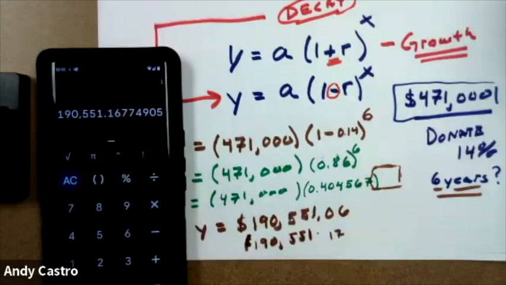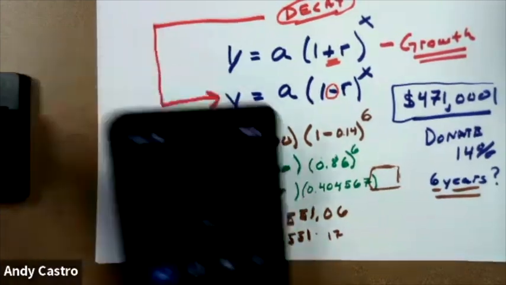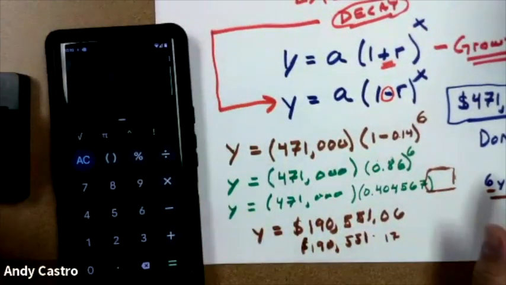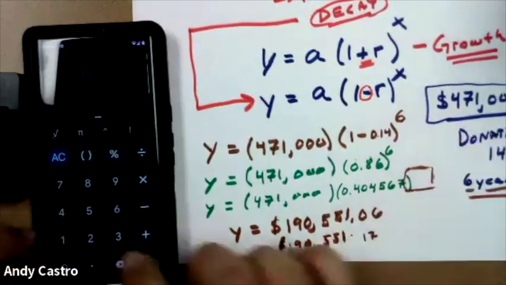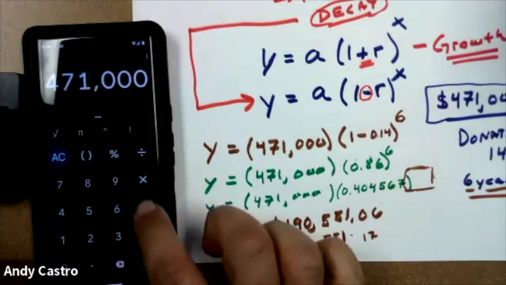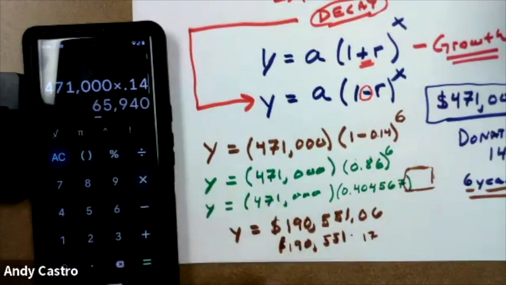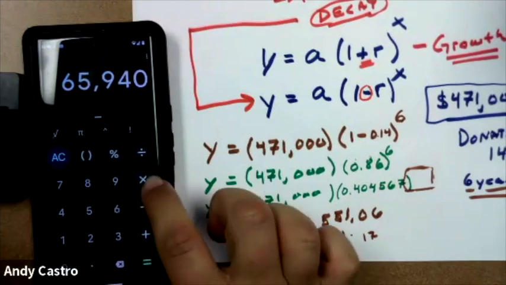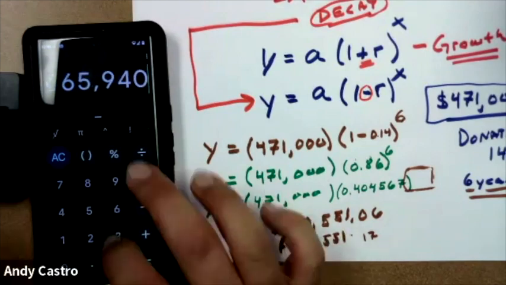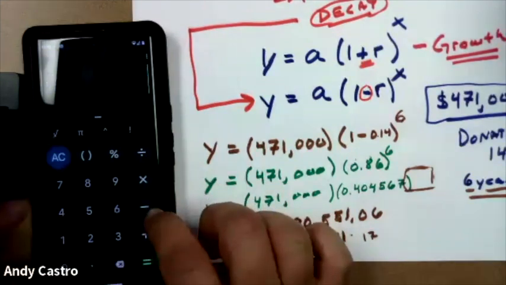Okay, good. So here, we can double check this idea, and I want to do this just to show you. If we do this roughly straightforward, so 471,000, and I'm going to multiply that by 14%. So that's 65,940.